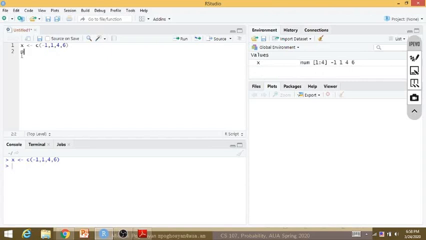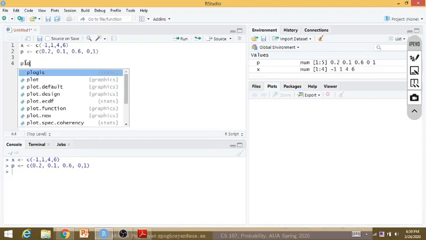I need to input the vector of probabilities. The probabilities were 0.2, then 0.1, then 0.6, then again 0.1, and I'm running that. Now I need to draw the PMF. Over the points x, I need to draw points with heights 0.2, 0.1, and so on, given by p.